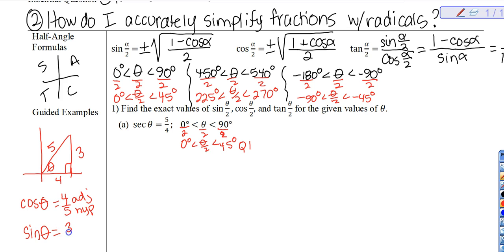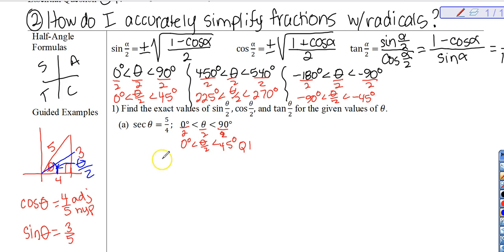So sine of theta is 3/5. So I have a lot of information. Here's what I'm trying to find: the exact values of sine of theta over 2. So I'm going to come over here to angle theta, and I'm going to cut it in half. So this is theta over 2 right here.